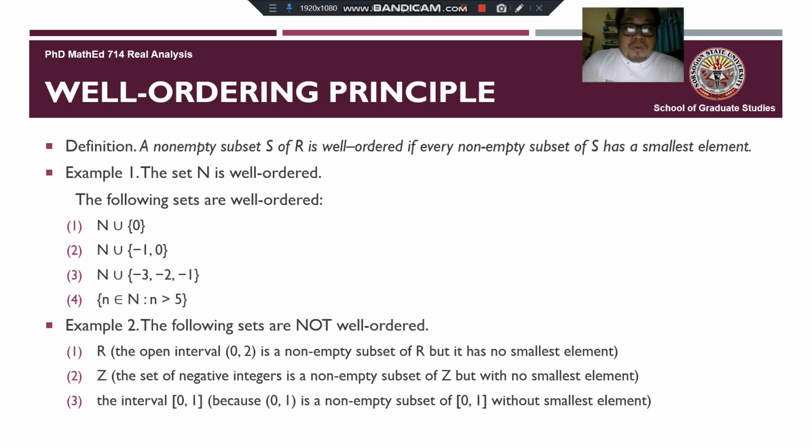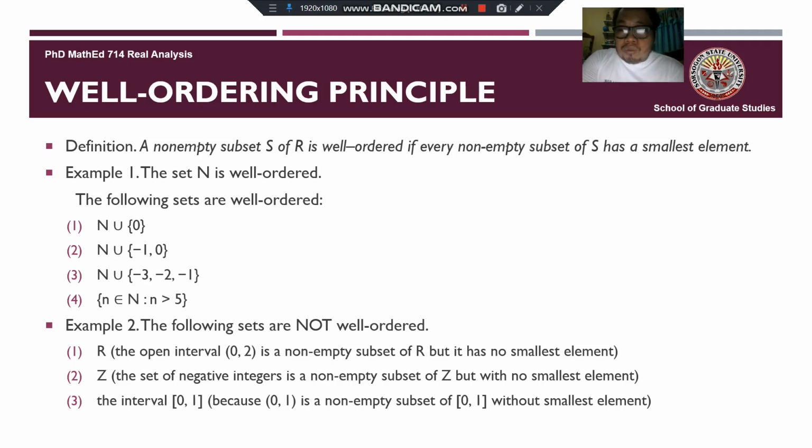So we will be after the values between 0 and 2, but the values between 0 and 2 are infinite, since we have to consider the set of real numbers. So with that, we cannot easily identify the smallest element. That is the reason why it is not well ordered.